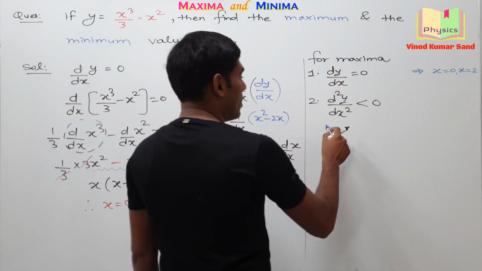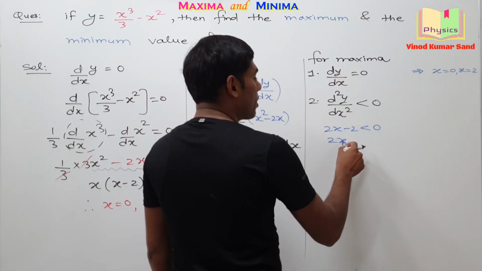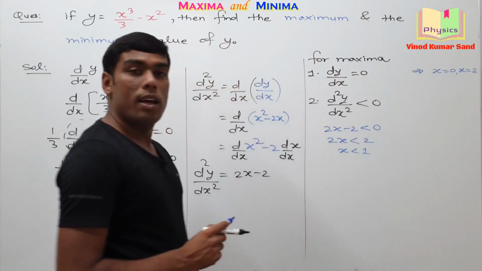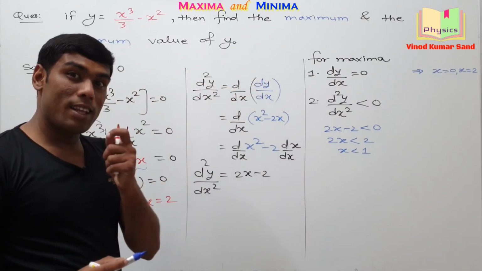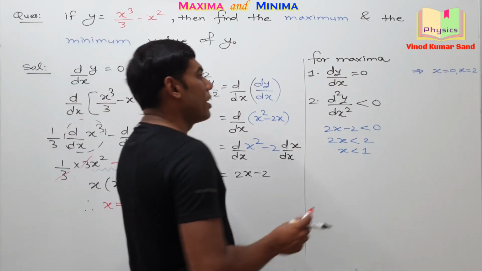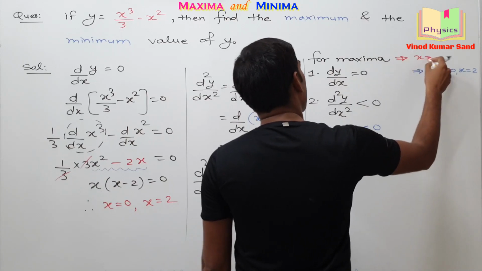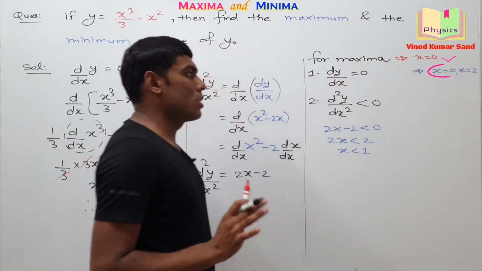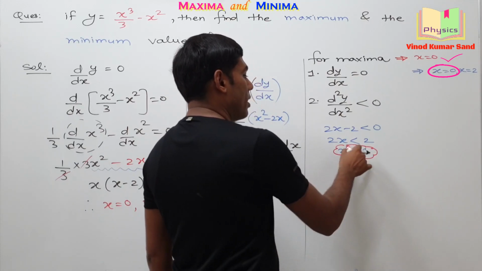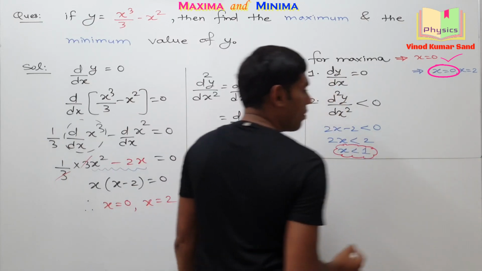Simplify it. 2x minus 2 should be less than 0, 2x should be less than 2, and x should be less than 1. It means which value is acceptable for the maxima? For maxima, the acceptable value will be only x is equal to 0, because the x must be less than 1. You get this?